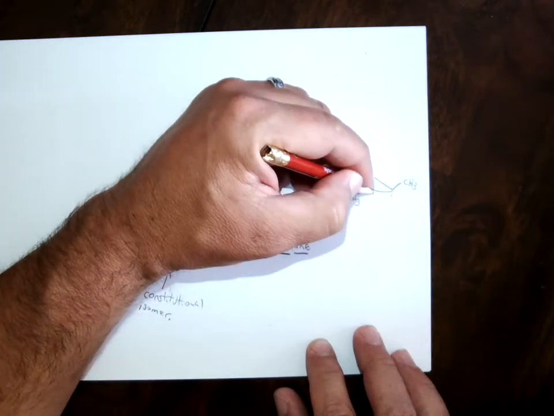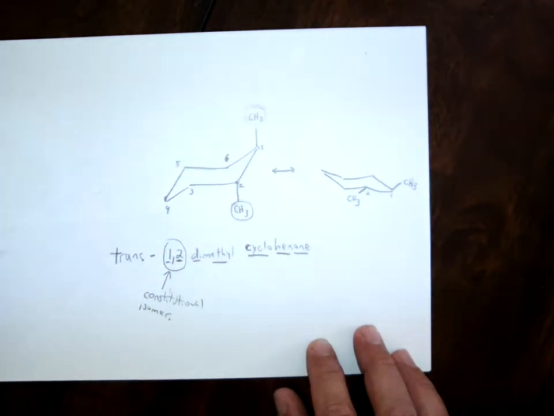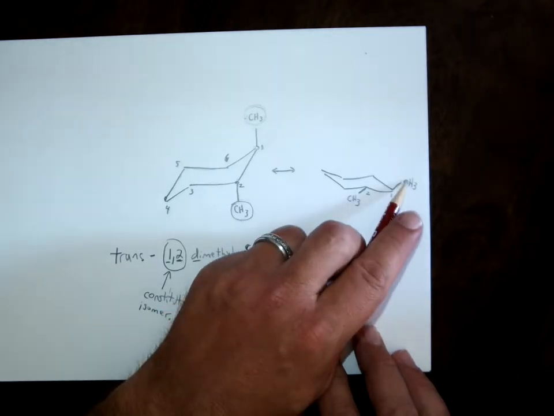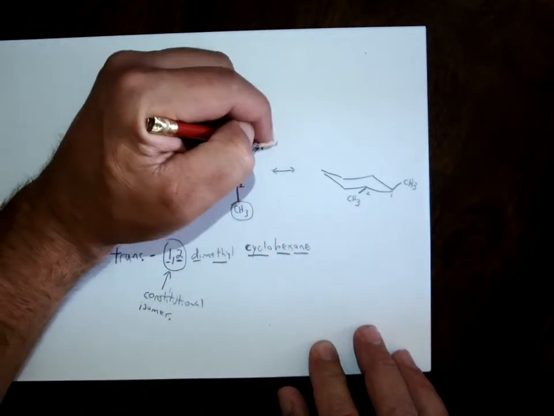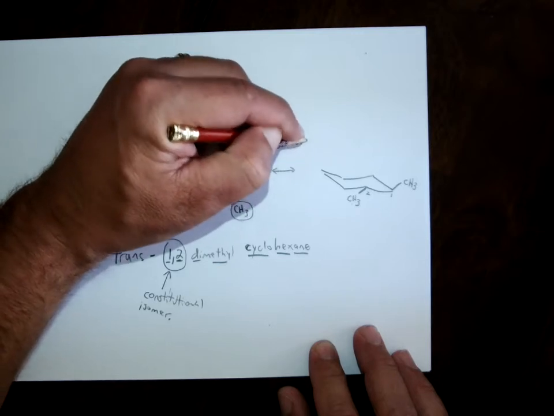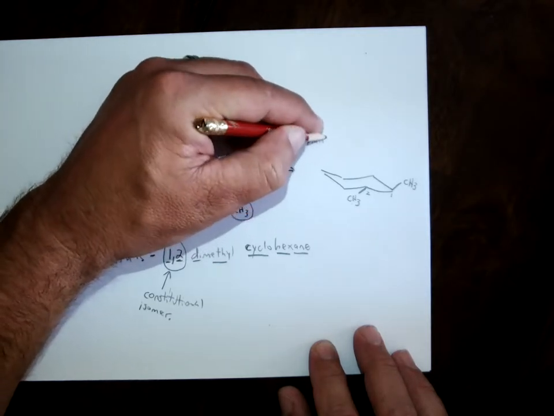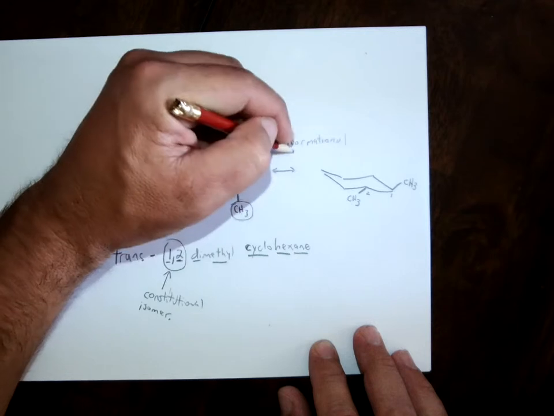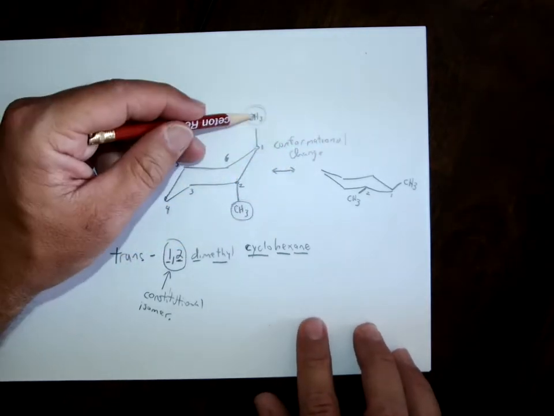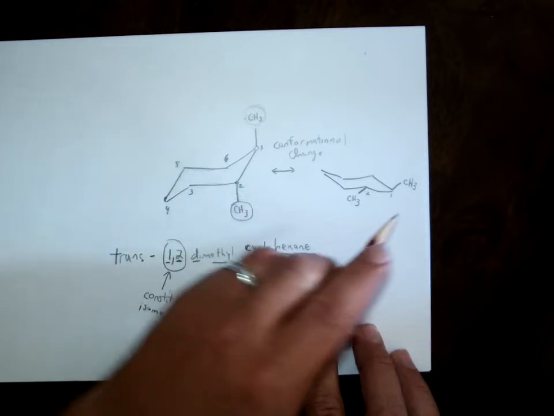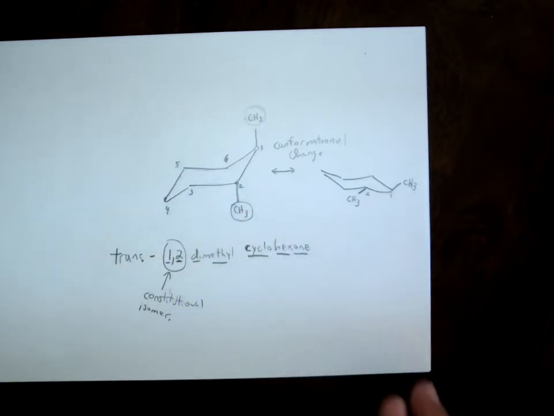Again, this is carbon 1, carbon 2. One methyl's on top of the ring, one's on bottom of the ring, but the conformational isomers, so a conformational change means that axial positions move to equatorial positions and equatorial positions move to axial positions.